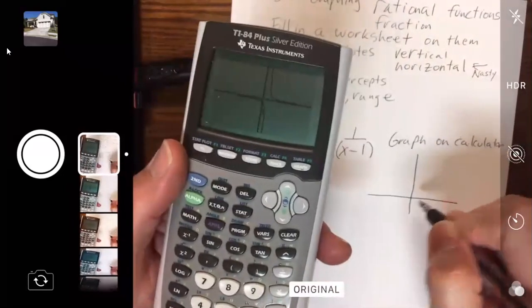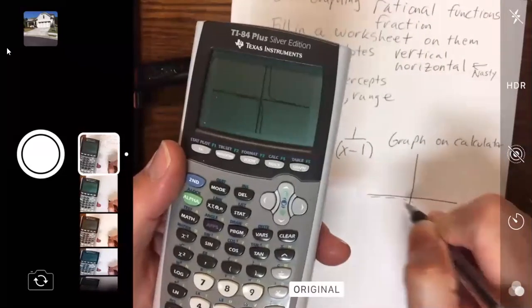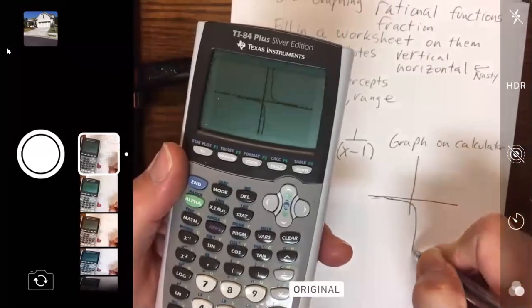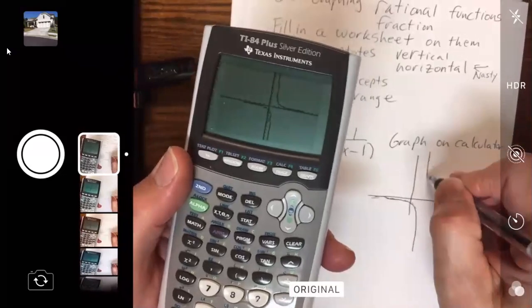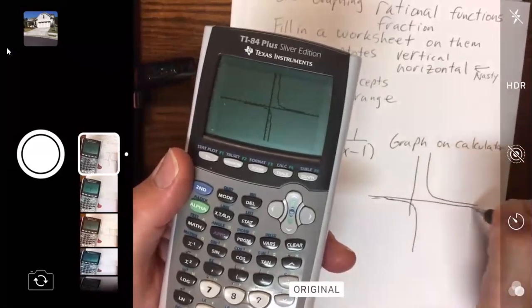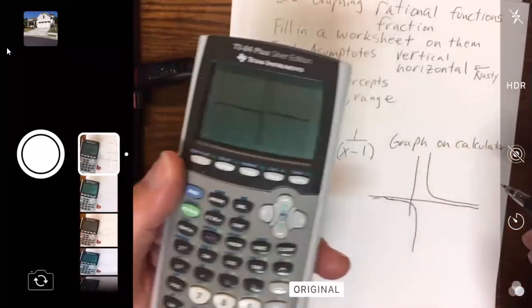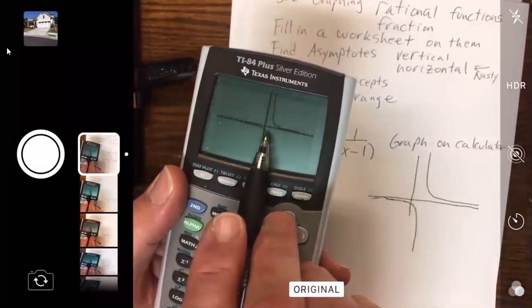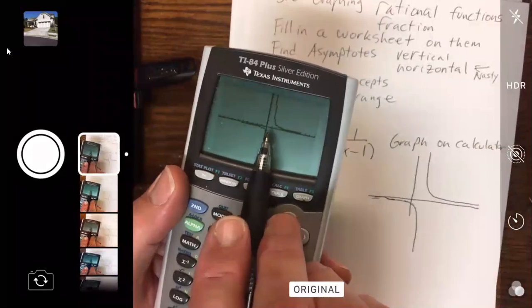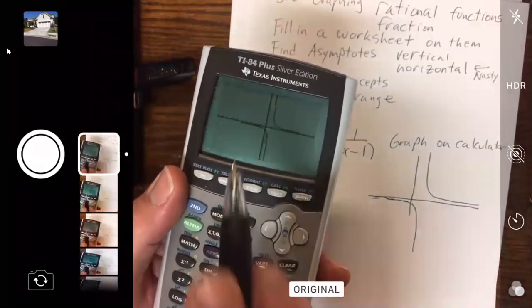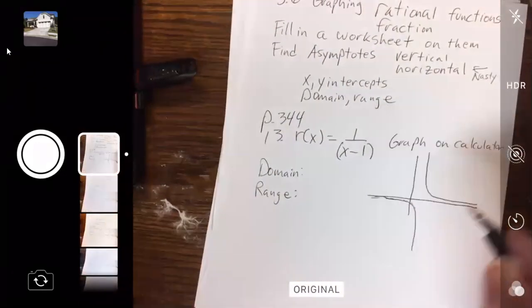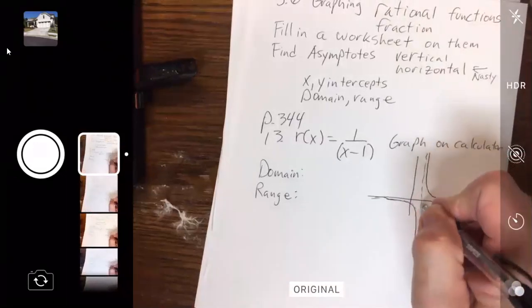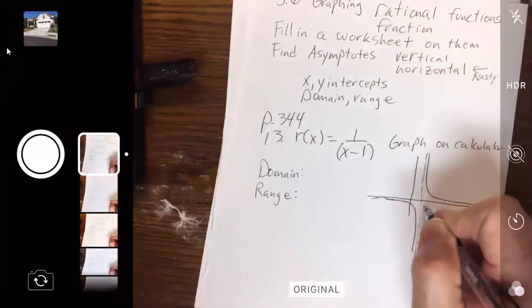Notice that this comes over and bends down, and you have something up here bending down to this. See that first tick mark? That's going to be 1. This graph is bending to 1.